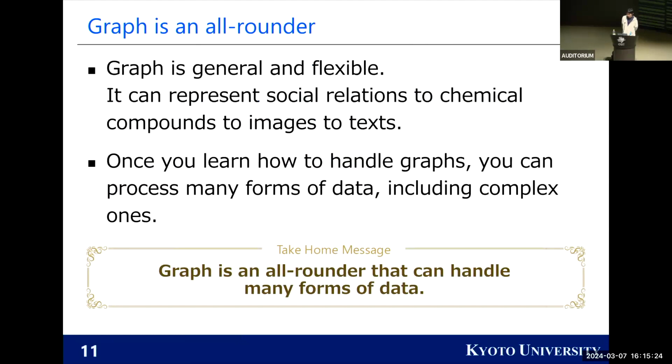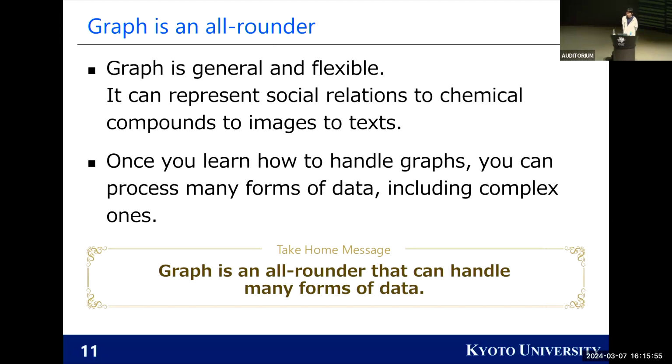So this is a recap of the first part. The first message is that the graph is very general and flexible, and it can represent many forms of data, including social relationships, chemical compounds, images and texts, and many kinds of knowledge, and the combination of them, and so on. So thanks to such flexibility, we can process many kinds of data in the same way using graphs.